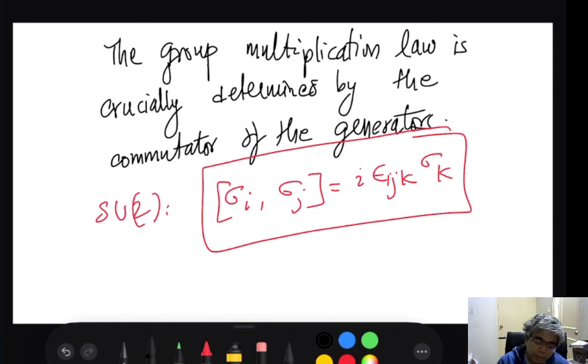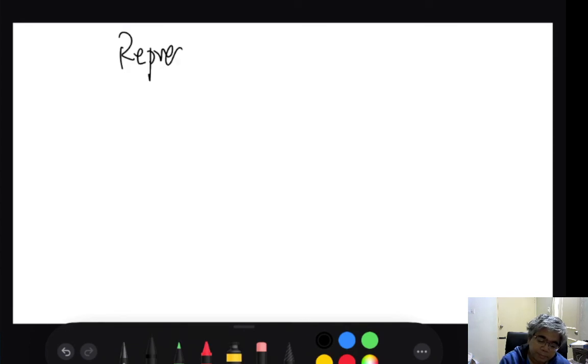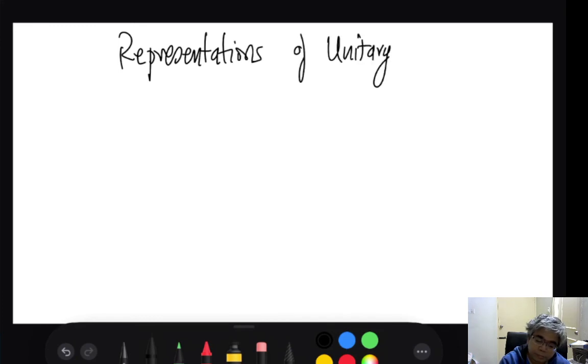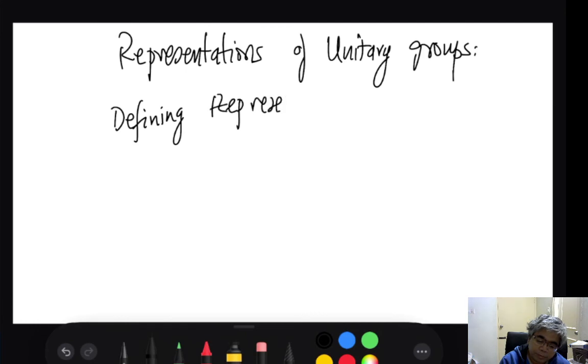The defining representation is typically called the fundamental representation. So let's look at representations. The defining representation is also called the fundamental representation.